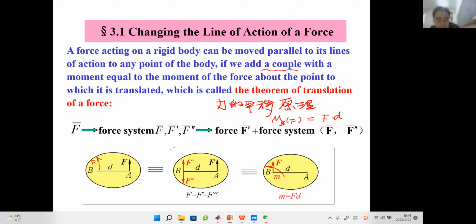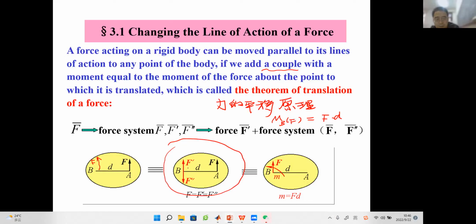Actually, the middle figure is to try to prove that. I think I introduced it to you guys last time. We add a balanced sub-force system here. It will not affect the final result on this body.